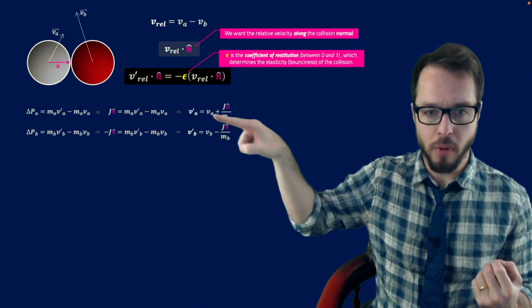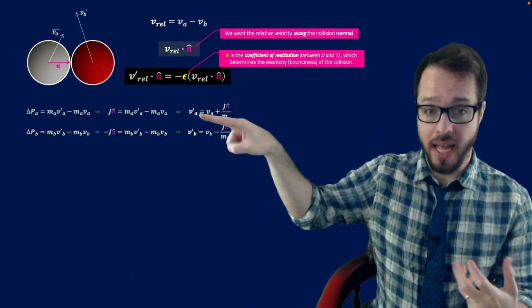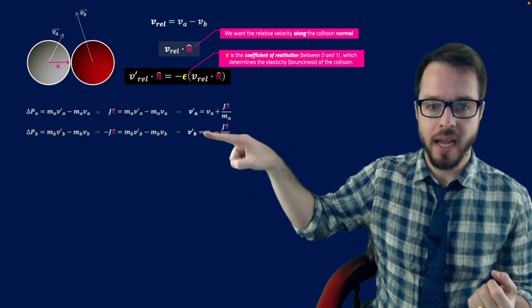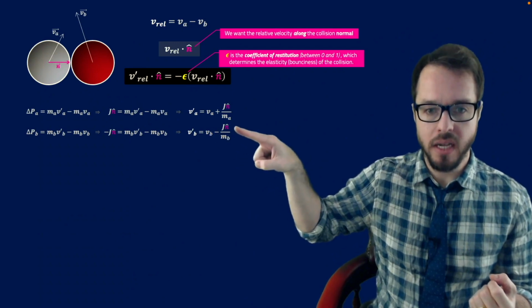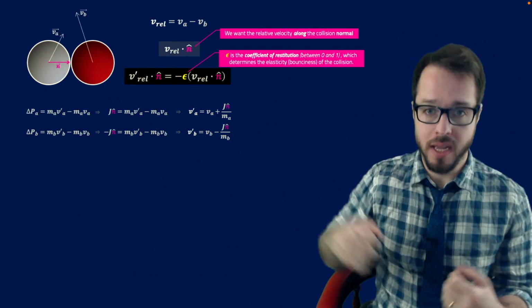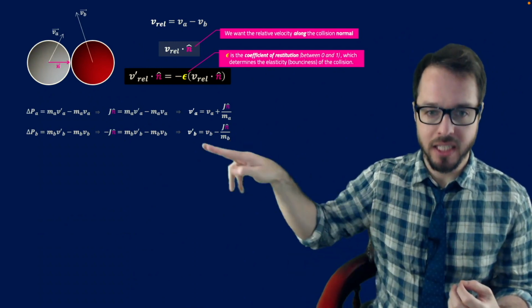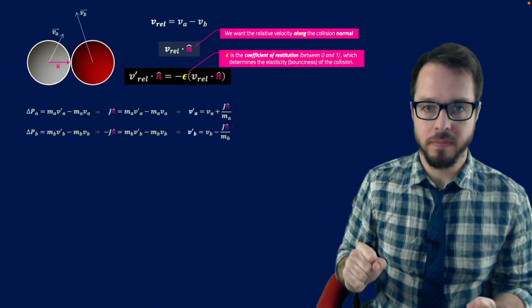So it is inversely proportional to the mass of A. The bigger the mass, the less the new velocity changes. And the new velocity of B is equal to the old velocity of B minus the impulse divided by the mass of B. Again, inversely proportional to the mass of B. The bigger the mass of B, the less the new post-collision velocity changes.